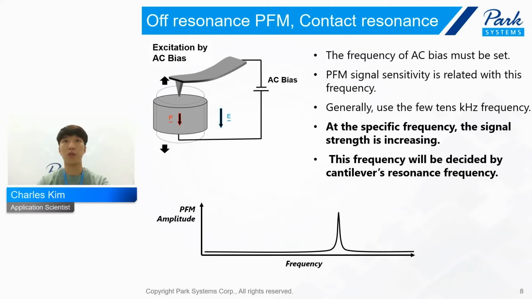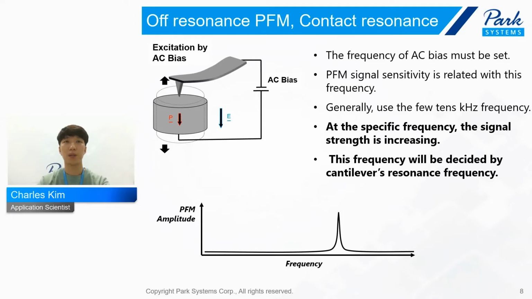Anyway, we need to apply the AC bias, then we must choose the frequency of that AC bias. So in the case of the off resonance PFM, we generally use the 10 kilohertz frequency. Generally, in our case, we use the 17 kilohertz.